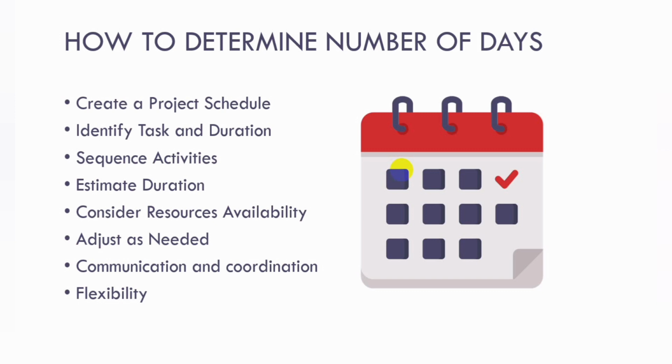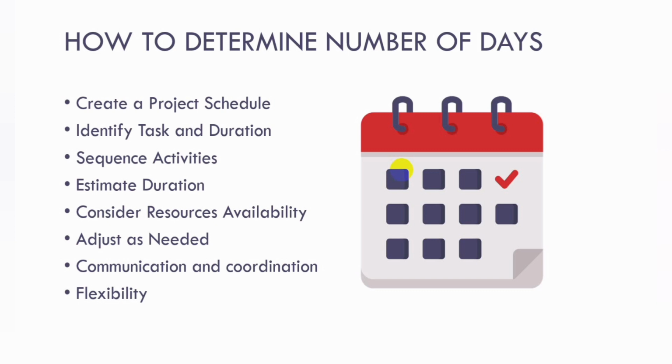And now the next is estimate duration. Estimate the duration required to complete each task or activity. This can be based on historical data, industry standards, or input from experienced professionals.